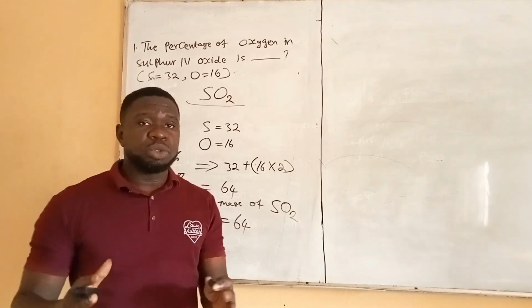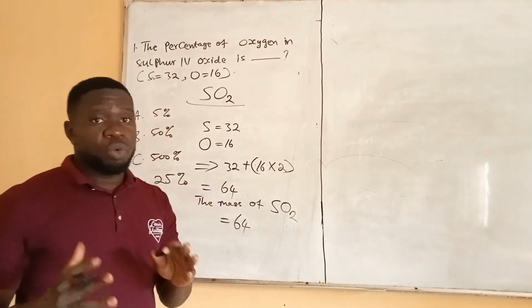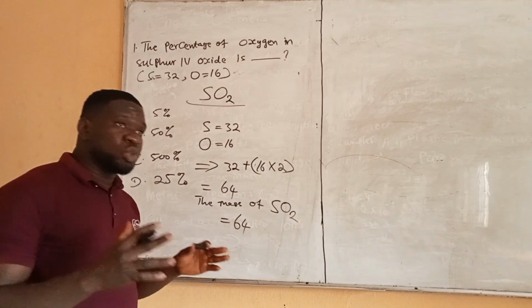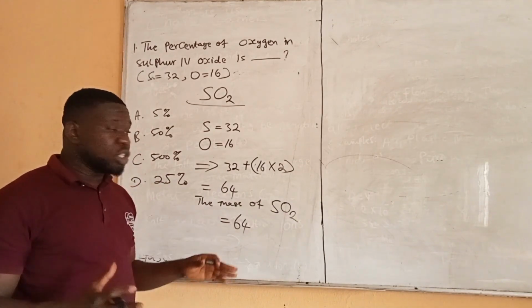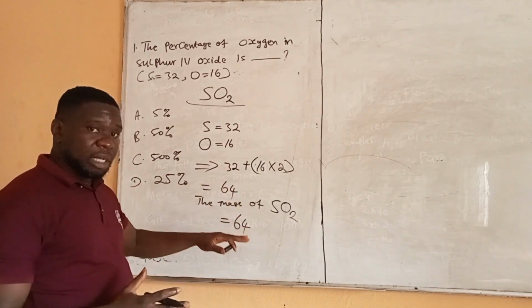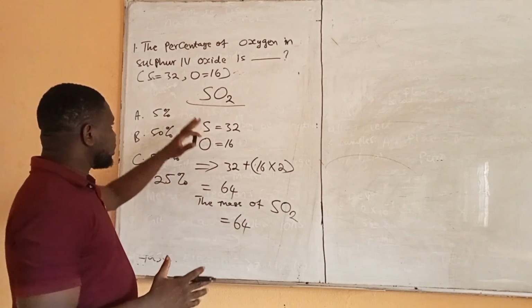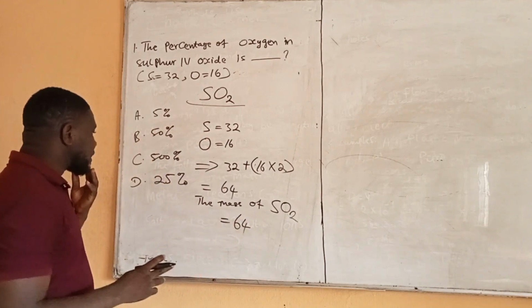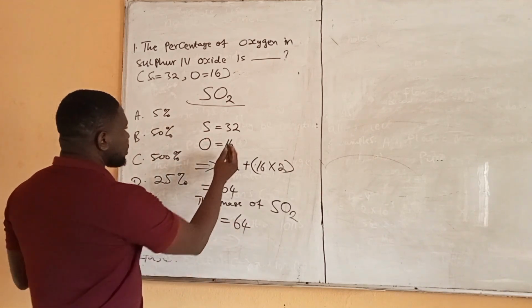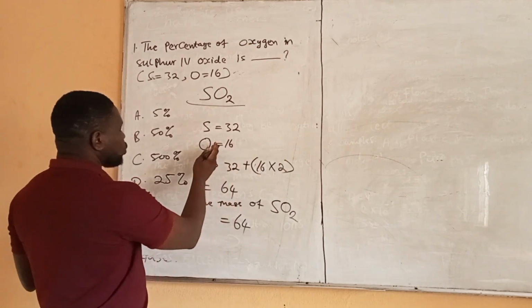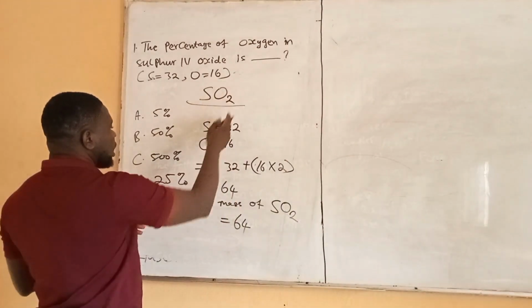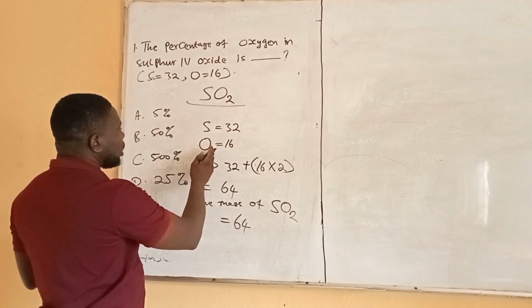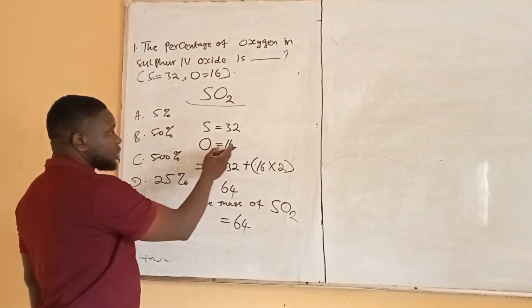Since we now know the mass of SO2, what else are we going to do? We need to know the percentage of oxygen by mass that is contained in this sulfur oxide. We have 2 atoms of oxygen, and the mass of oxygen is 16.